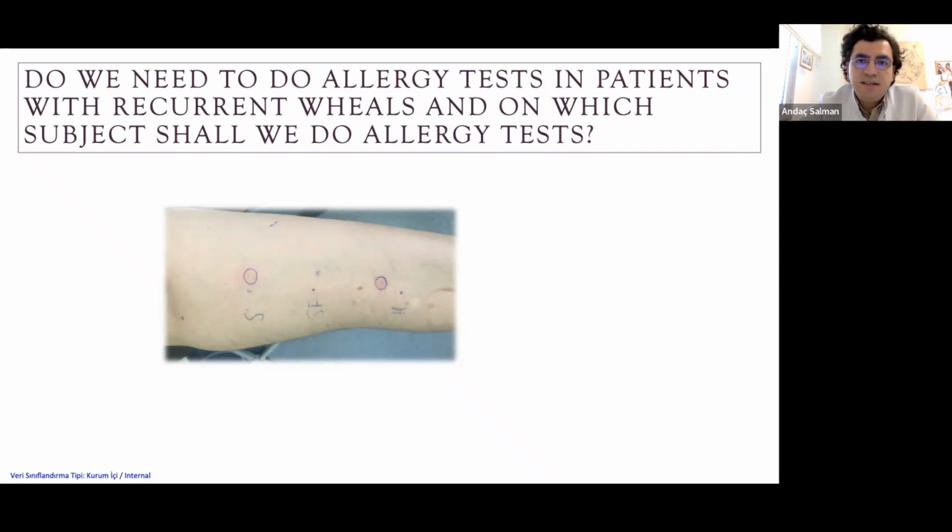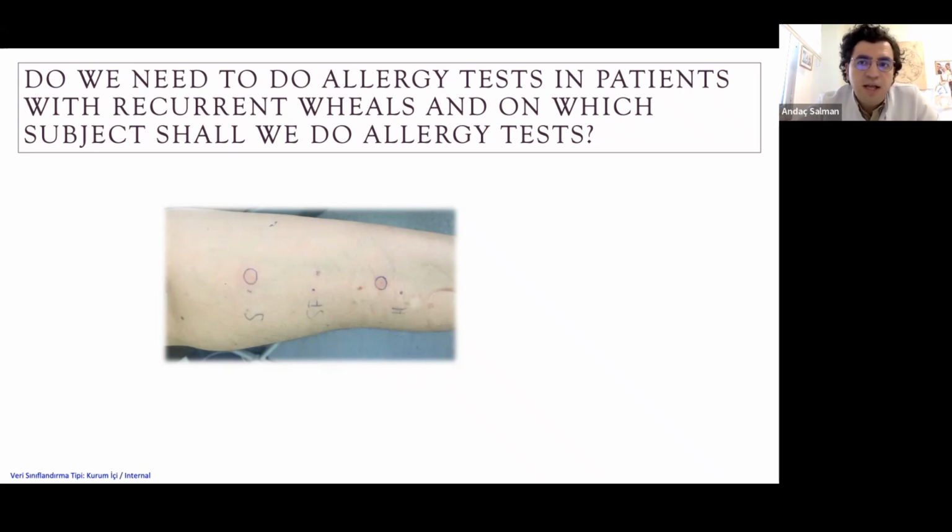First of all, we all know that urticaria is not an allergic disease in most of the cases, and actually an IgE mediated food allergy, a real allergy, is rarely the underlying cause of chronic spontaneous urticaria.